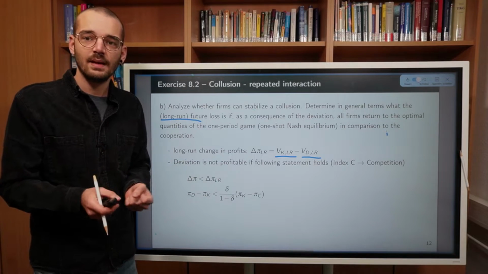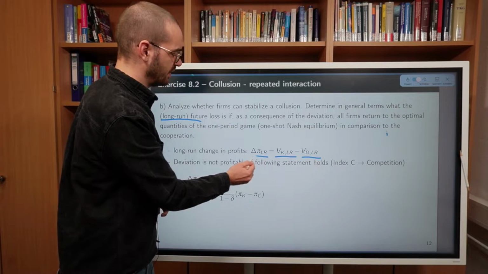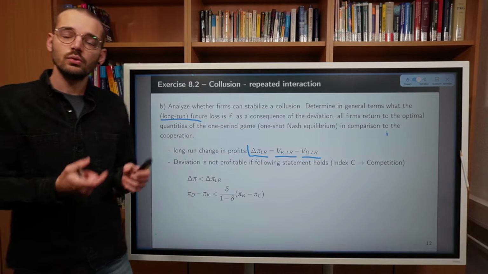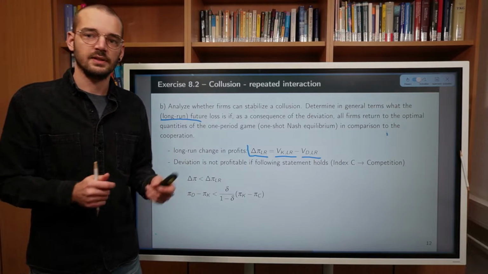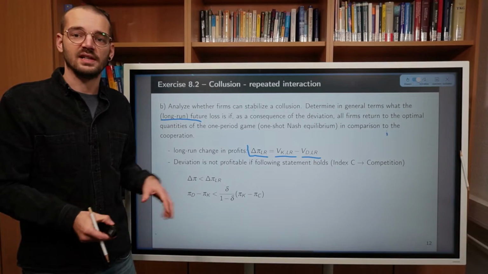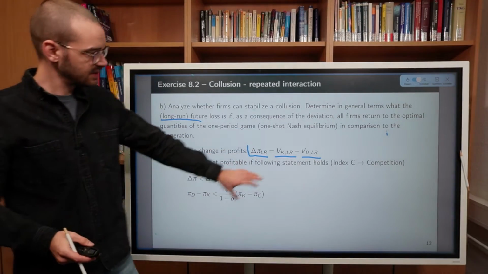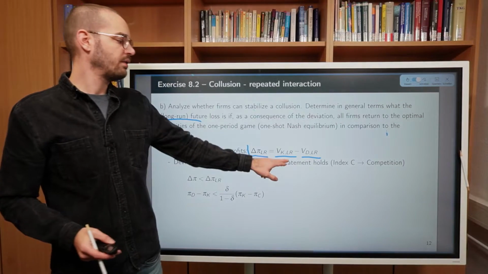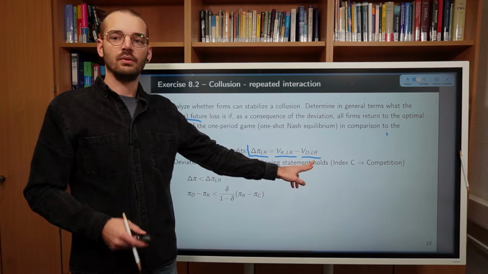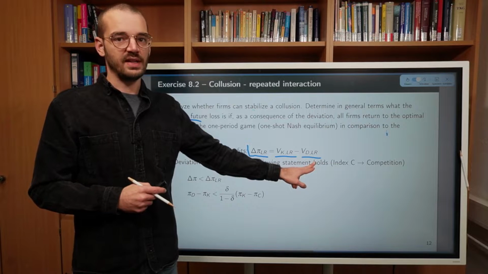We are doing the exact same now, but now considering the long run, of course. And in the long run, the change in profit is precisely the difference in these two series of cash flows, right? So it's precisely the difference between these two present values we have discussed on the previous slide. So the long run change in profits is the present value of the long run profits under collusion minus the present value of the long run profits if one firm deviated.